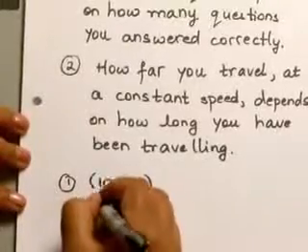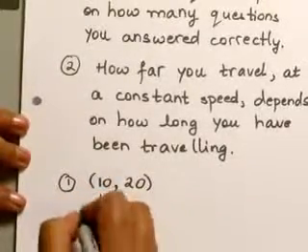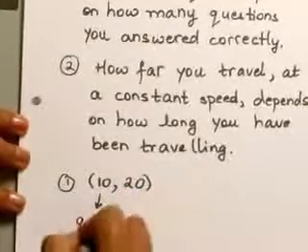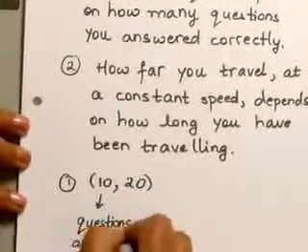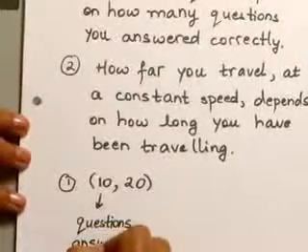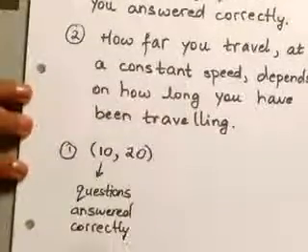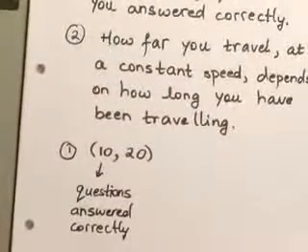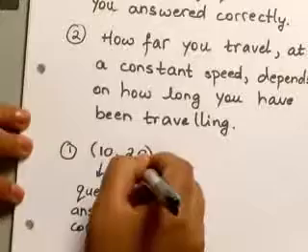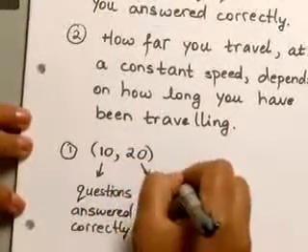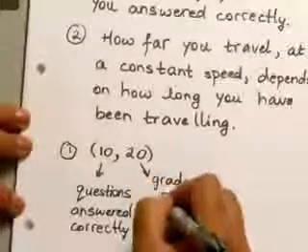Now here your first number will represent the questions answered correctly. And the 20, the second number, will represent the grade you made on the quiz.